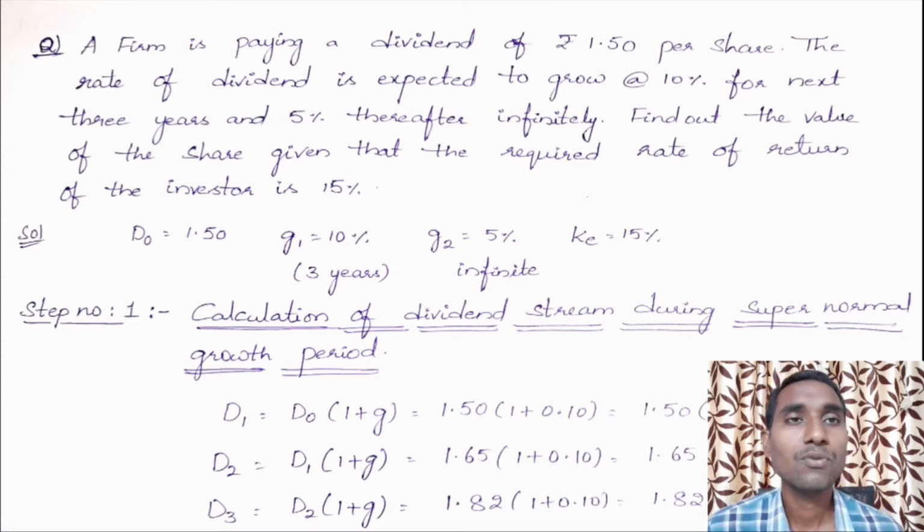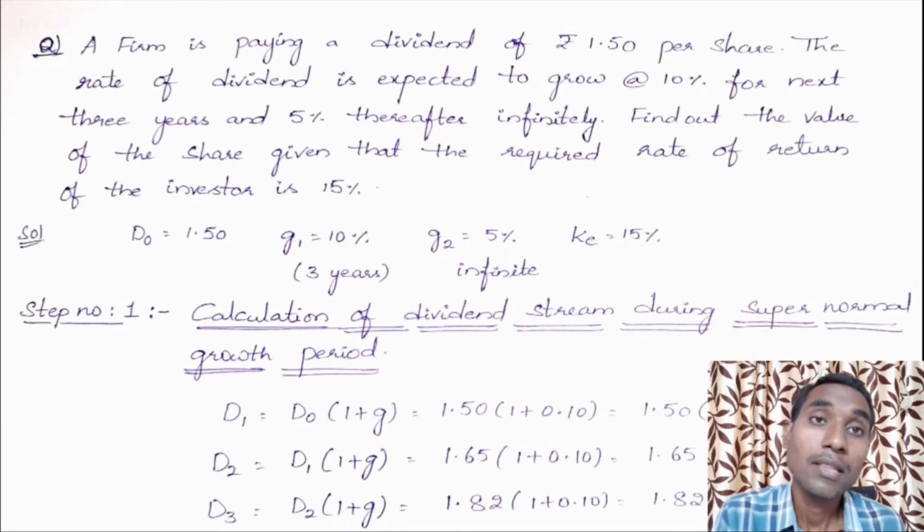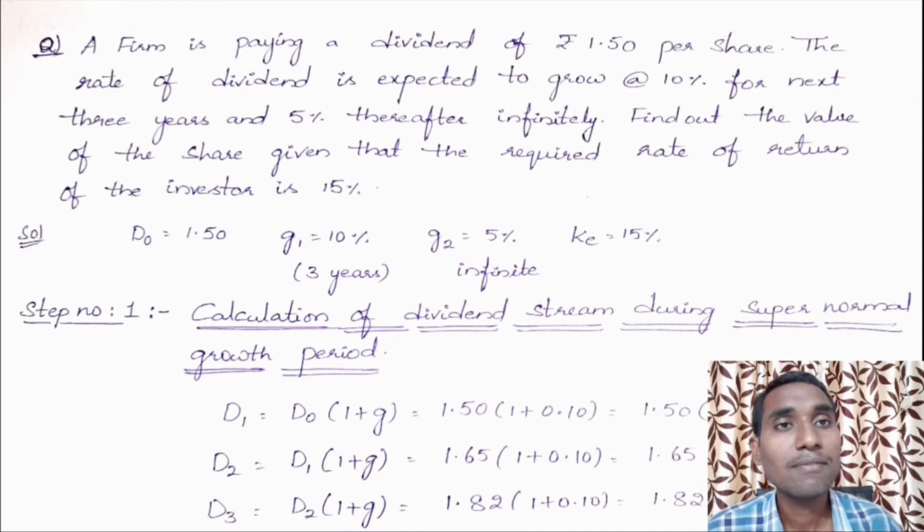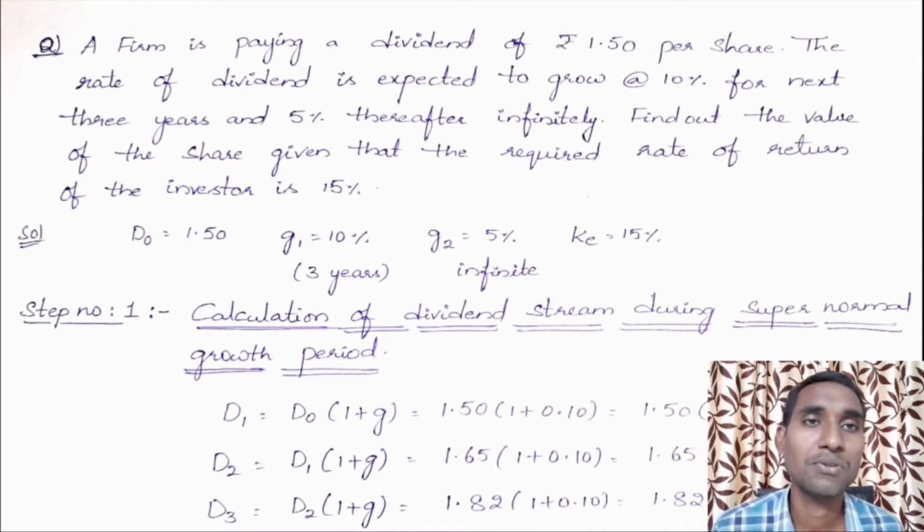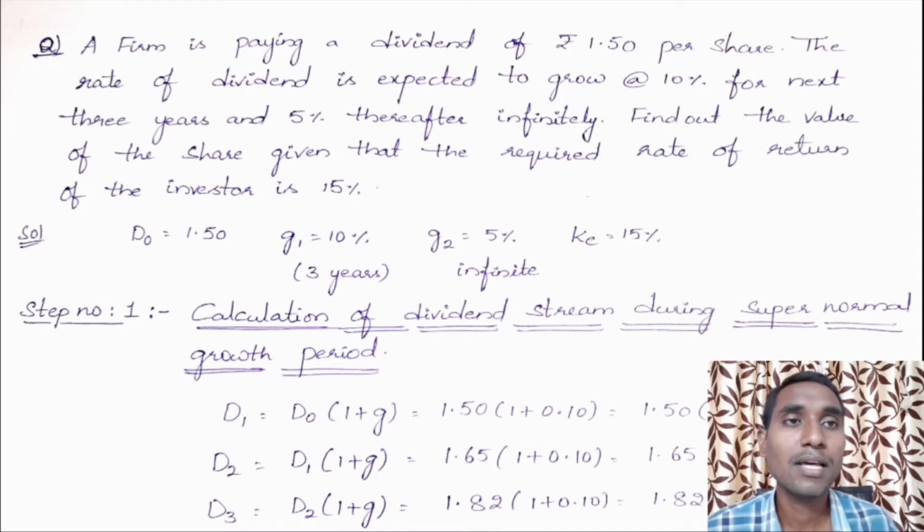You should be careful here. They are giving two growth rates. The rate of dividend is expected to grow at 10% for the next 3 years. That means the company will record 10% growth in dividends for the next 3 years. Thereafter, after 3 years, the growth rate will decline to 5% and it will grow at a constant growth rate then, that means 5% thereafter infinitely, till the company exists.